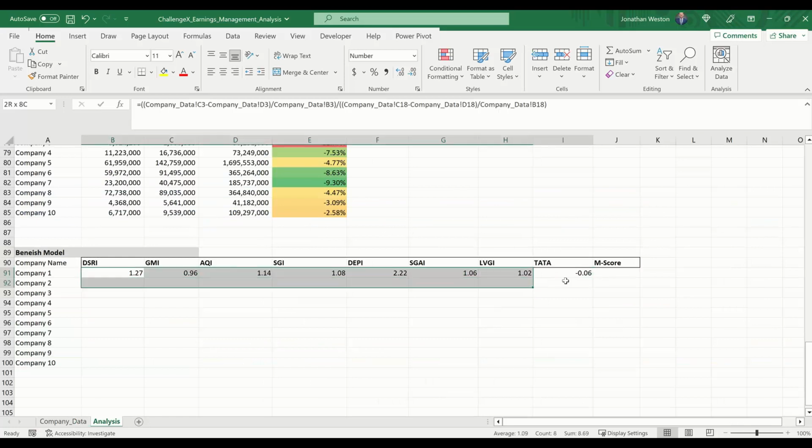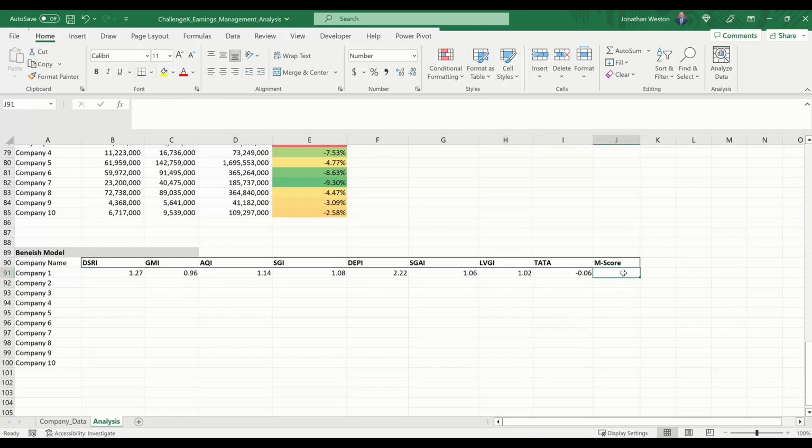So we've calculated the 8 factors for the Beneish model, and now we will apply them into the M-score formula.